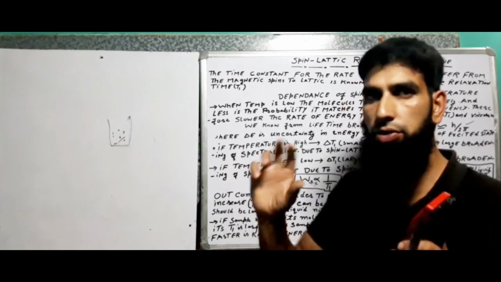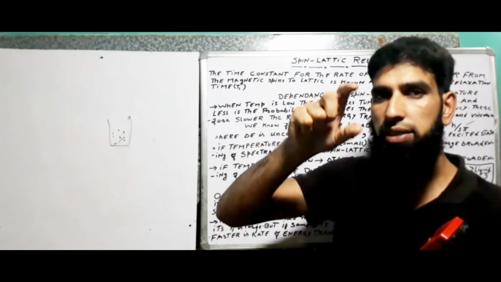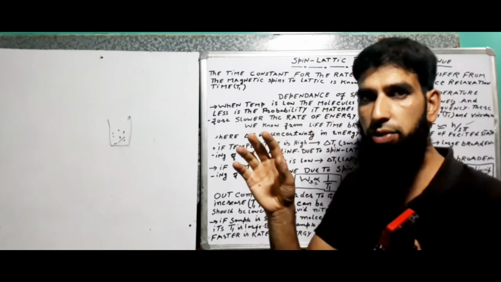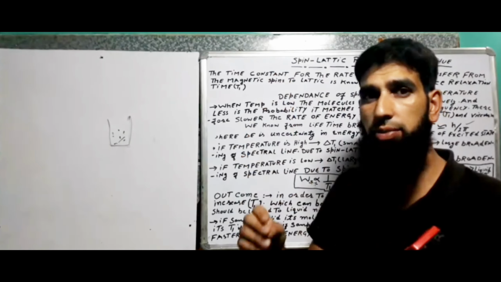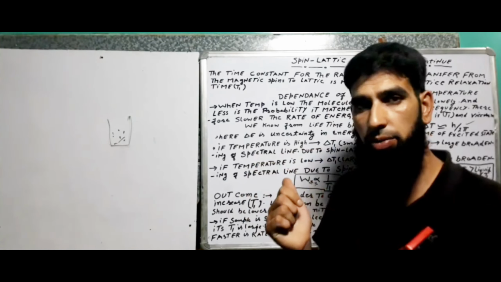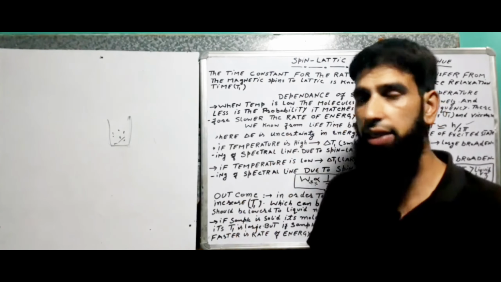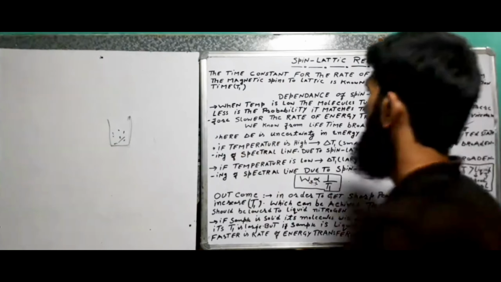When it achieves the resonance frequency faster, it will spend less time in the excited state. That is, the rate of energy transfer from the higher energy state to lower energy state will be faster. When the energy transfer is faster, the spin lattice relaxation time is less. I have written this line.